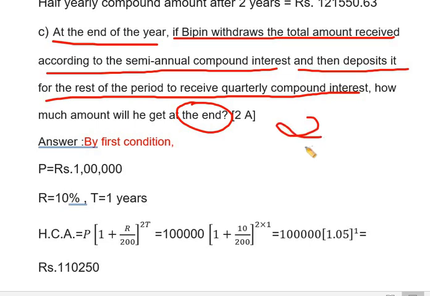Now there are two years, the first year and the second year. Here, at the end of the year means 1 year.